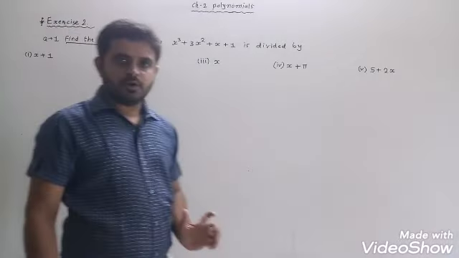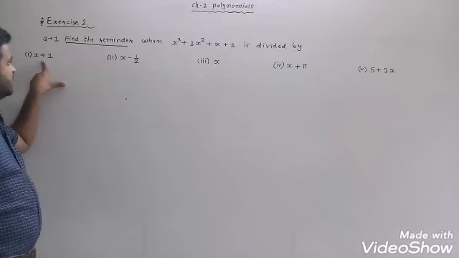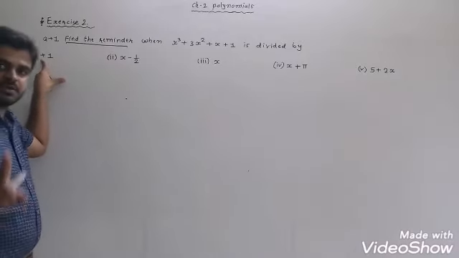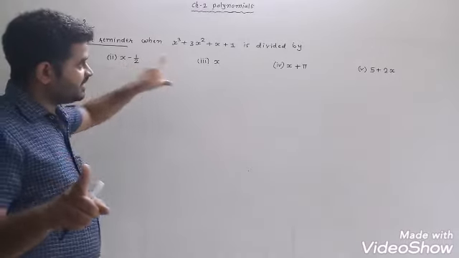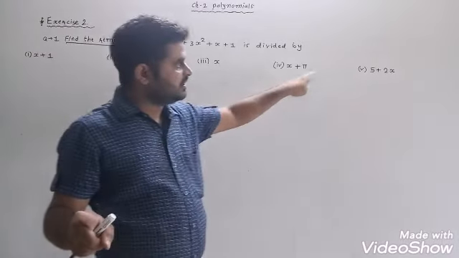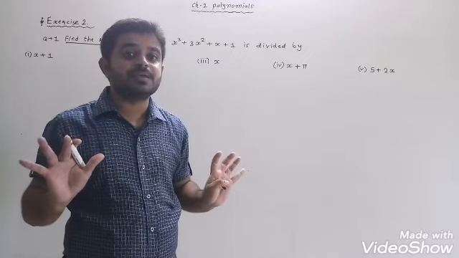If you observe, x plus 1 is linear, x minus 1 by 2 is also linear, and these are all linear polynomials.